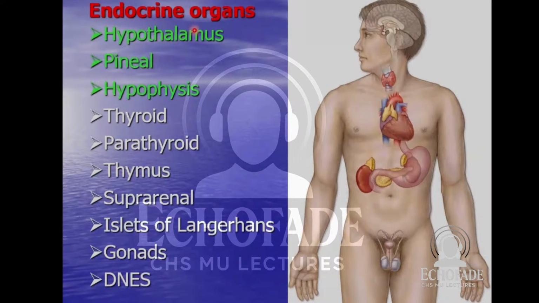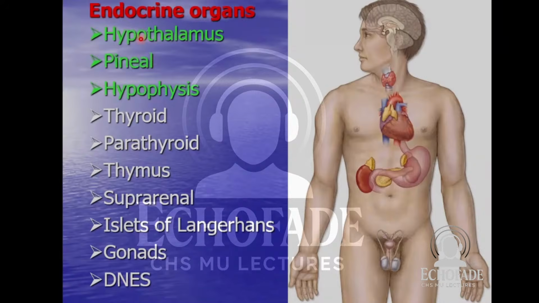We have the pineal gland, also originating from the diencephalon, in the roof of the third ventricle. We have the hypophysis occupying the hypophyseal fossa in the sphenoid bone. That is also connected to the brain, to the hypothalamus.